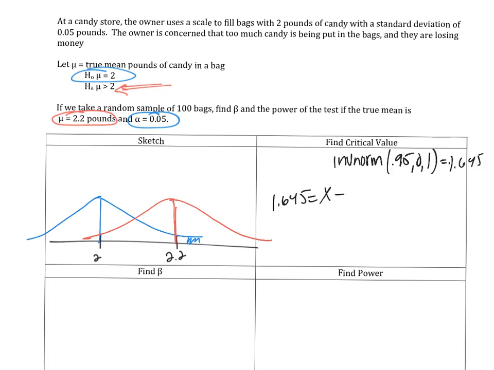We're dealing with that blue curve for this problem, and that mean is 2 over standard deviation 0.05 over the square root of 100. So you get x equals 2.008. So on the scale, 2.008 is probably somewhere like right here. So there's alpha.